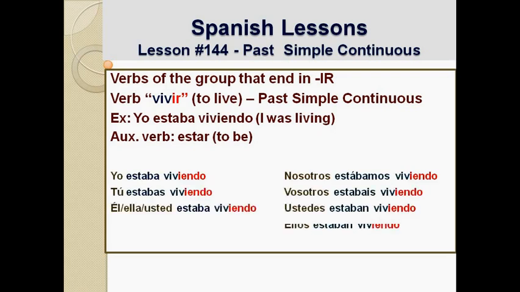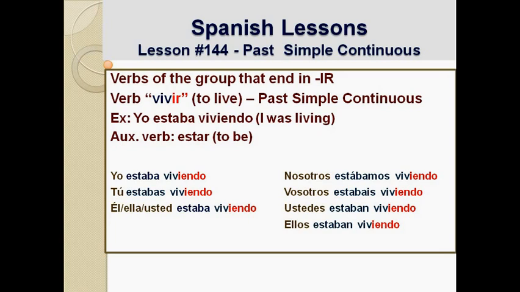Yo estaba viviendo. Tú estabas viviendo. Él estaba viviendo. Nosotros estábamos viviendo. Vosotros estabais viviendo. Ustedes estaban viviendo.